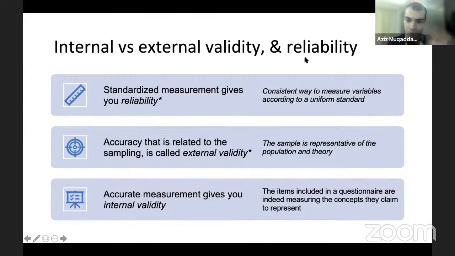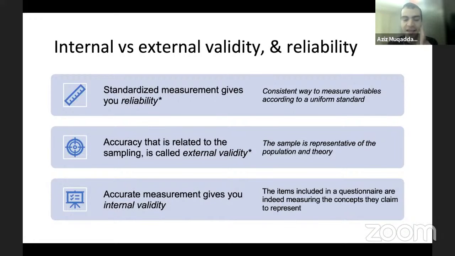And so, yes, to summarize this part, we do standardized measurement to get reliability, as opposed to, for instance, open-ended questions or interview questions. So we want consistent ways, you know, those quantified items. So I don't ask each one of you, how did you find the movie? And each one of you gives me a subjective answer. I ask you on a scale of 1 to 7, to what extent did you enjoy the movie or find it interesting?